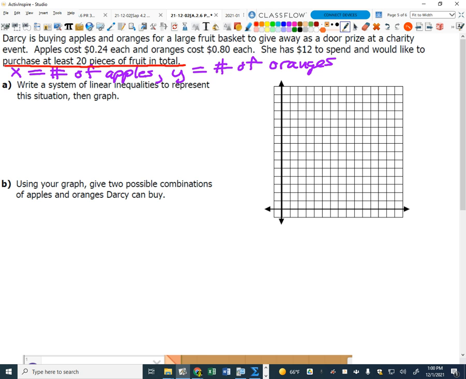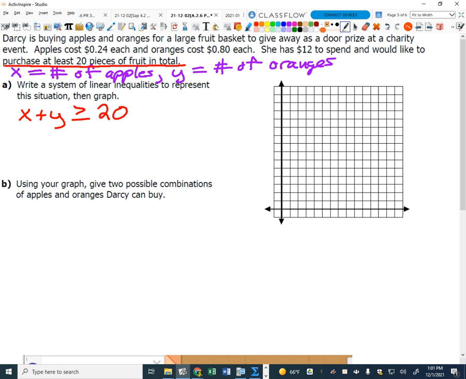Say it again? Oh, close. But now she wants a total of 20 pieces of fruit, so that's including both apples and oranges. Ah, okay, so x plus y would be greater than or equal to 20. That makes sense? Okay. So there's one equation. x plus y is greater than or equal to 20.